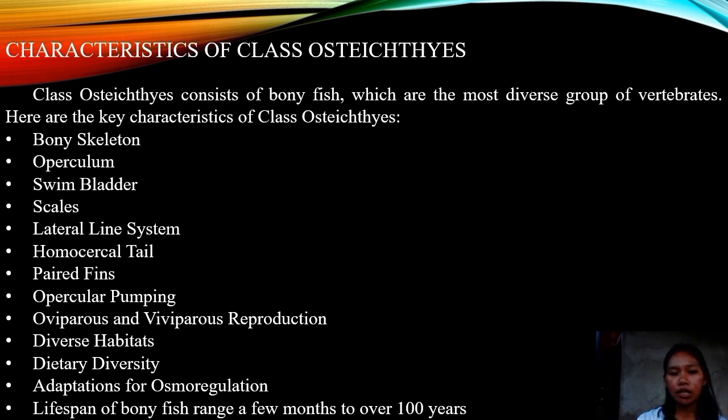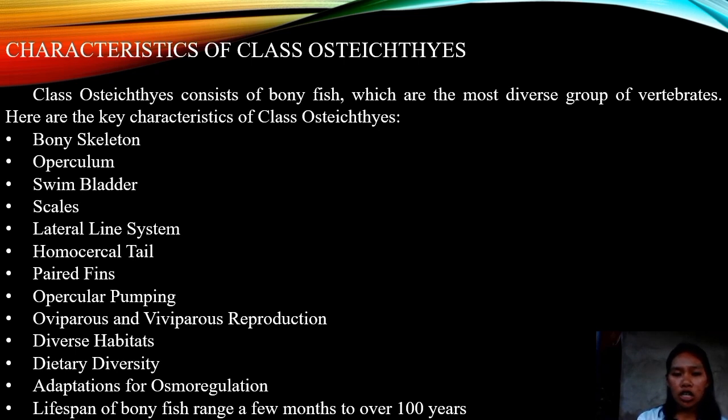They inhabit diverse aquatic environments, ranging from freshwater lakes and rivers to saltwater oceans, showcasing their adaptability. Their diet spans a wide range from herbivorous to carnivorous, allowing them to exploit various ecological niches.